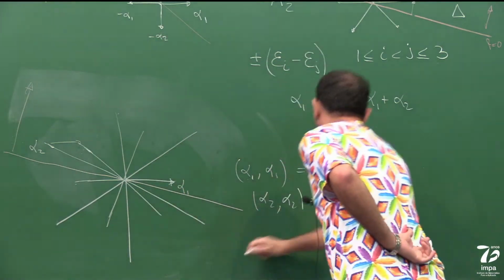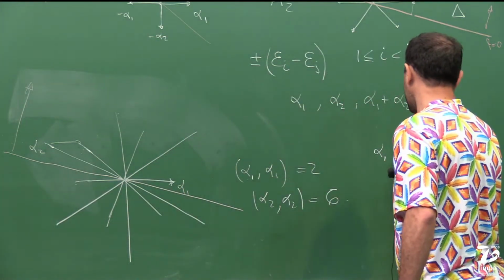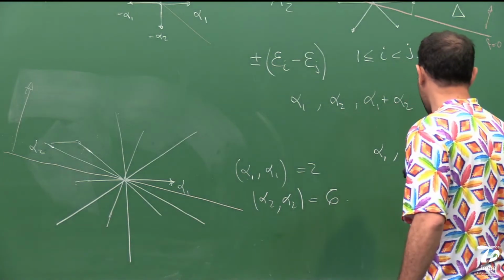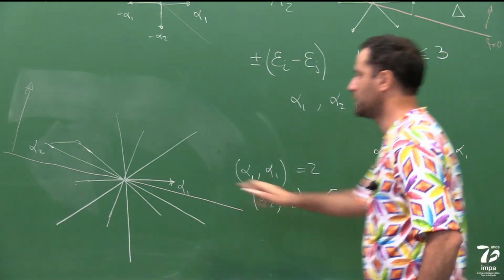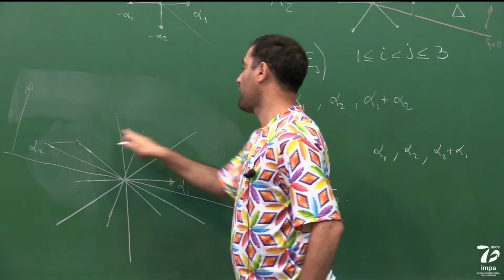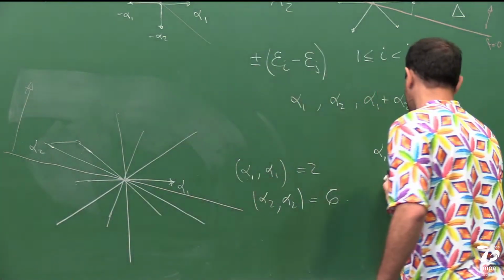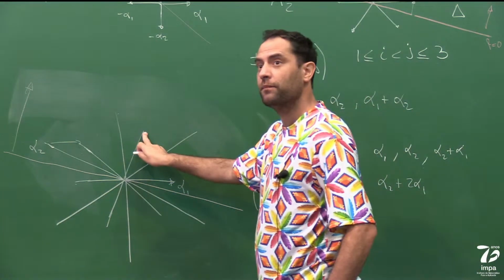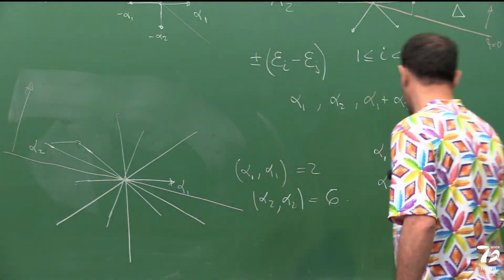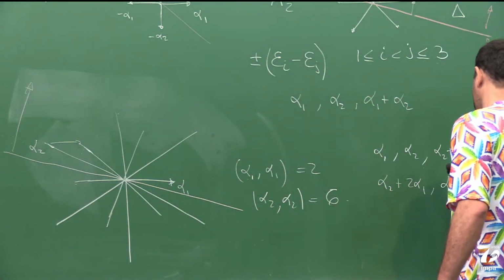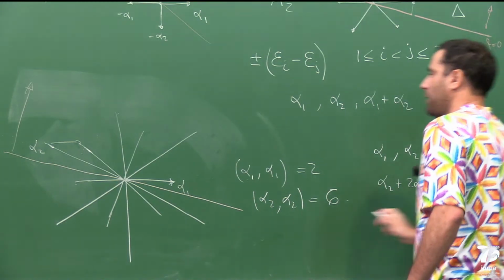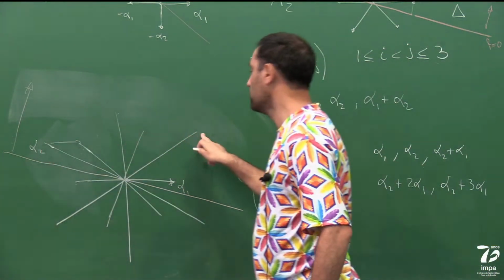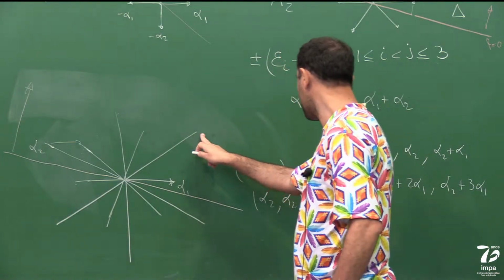So the simple roots are alpha 1 and alpha 2, which are positive. Then you have alpha 2 plus alpha 1, which is this. Then you have alpha 2 plus 2 alpha 1, which is this. Then alpha 2 plus 3 alpha 1. And that's the whole string from alpha 2 adding multiples of alpha 1.